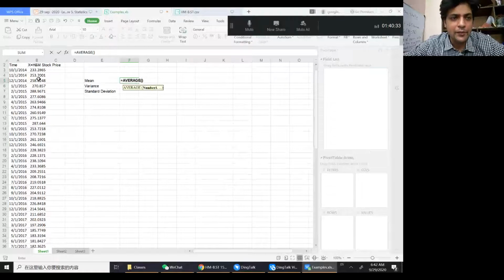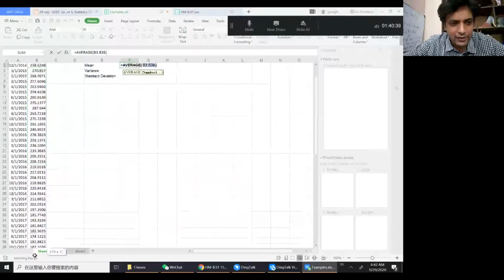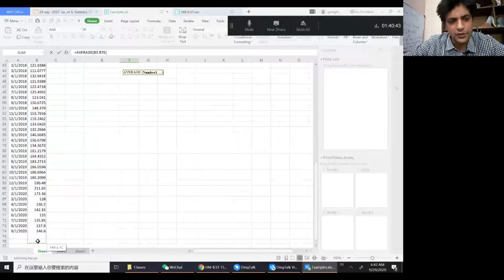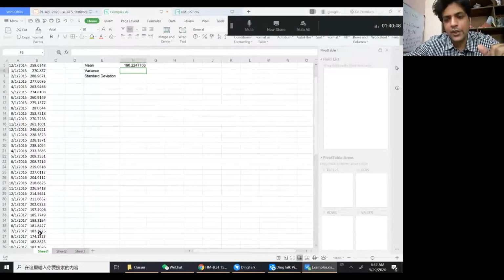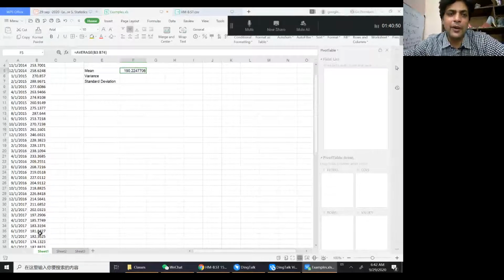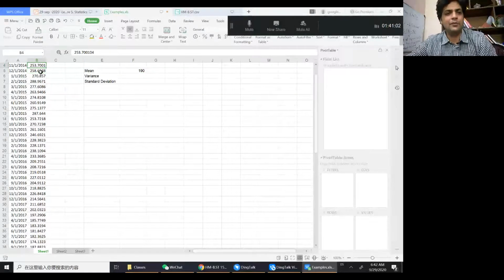So you write average and then you select it, and then you can drag down until 72, 74, and then enter. So that's the average stock price of this stock over the last 6 years. So you see that's a dispersion. Let's take it in one single form.